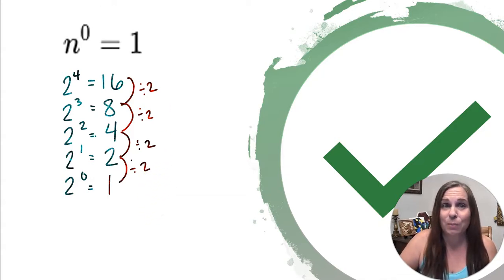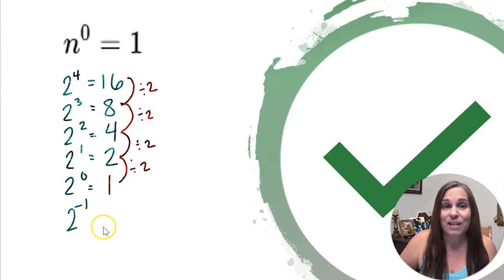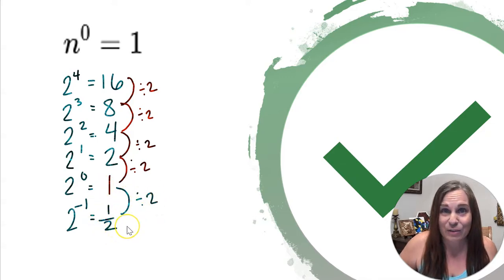Now, I could keep going, right? Like, what if I get into negatives, which we're not going to get too much into right now, but the pattern does keep going. So if I divide by 2 again, 1 divided by 2 is a half.